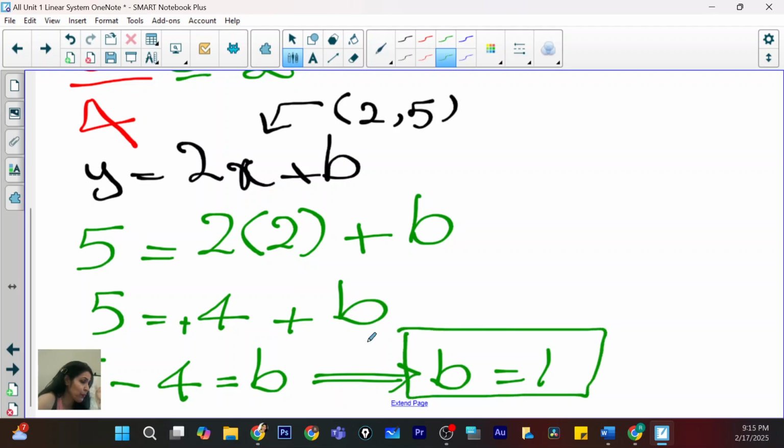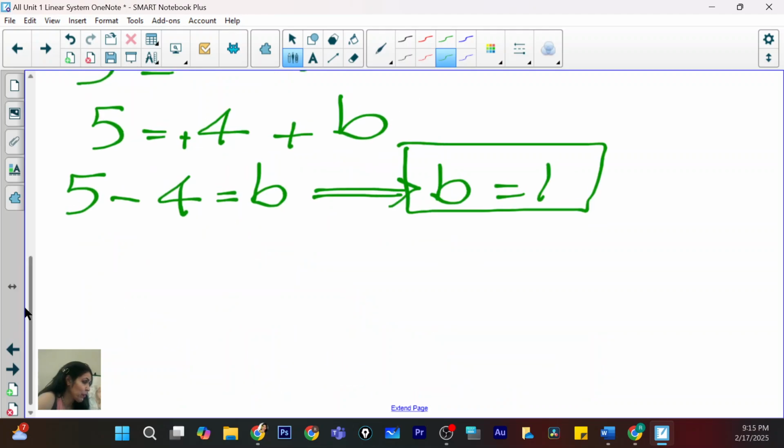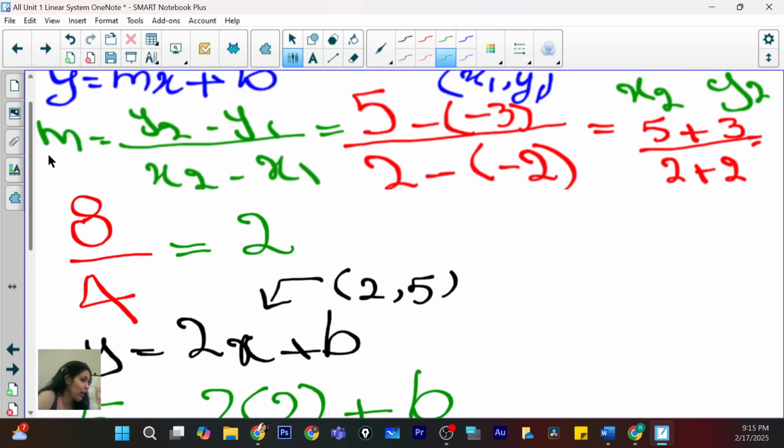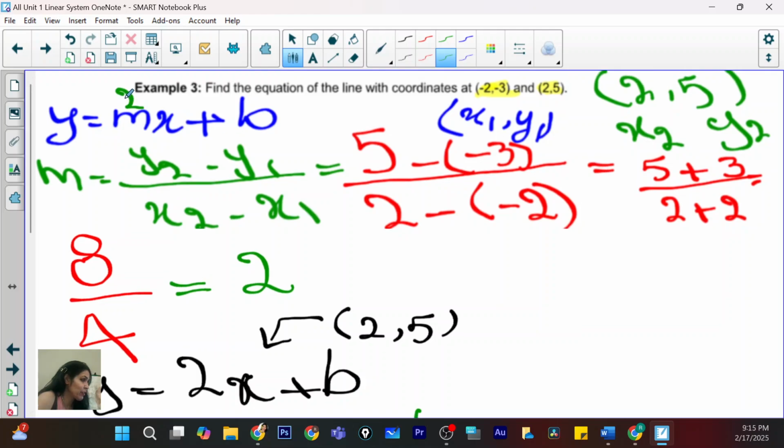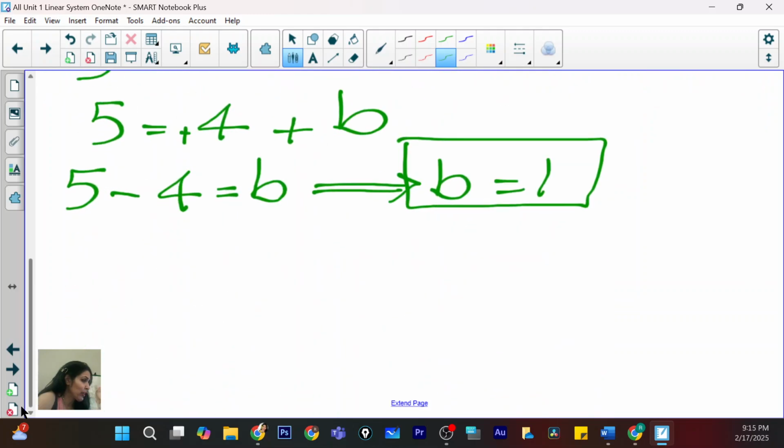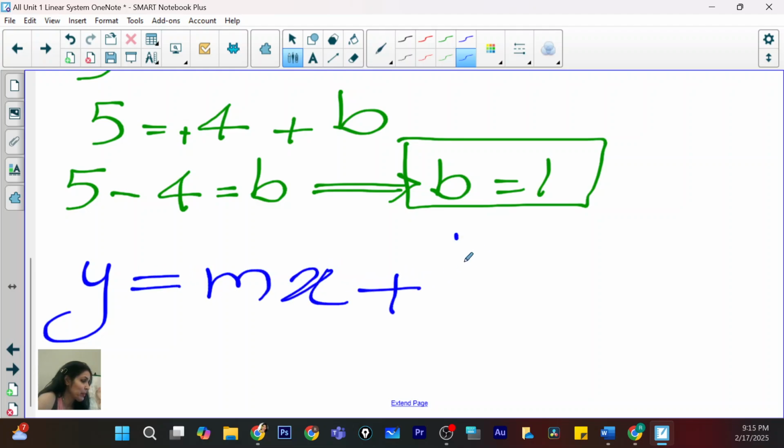So we have everything that we need. We have the equation line. We have a slope 2 and we have b. So again, go equation of the line y equal to mx plus b, and instead of b, plug 1, put 1, x is here.